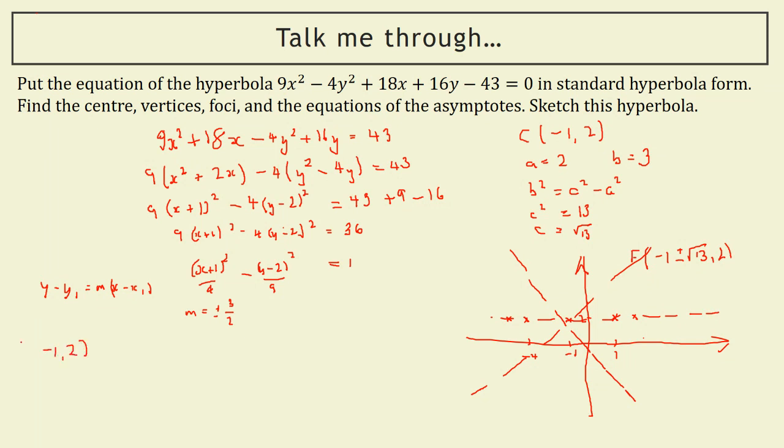So you just start and you put that in. But you have to put that in both. So we've got y minus y1, y minus 2 is 3/2 lots of x. Well, that'd be -3/2 then, wouldn't it? And we'd also got, oops, sorry, 3/2 times x minus 1. And then go from there.